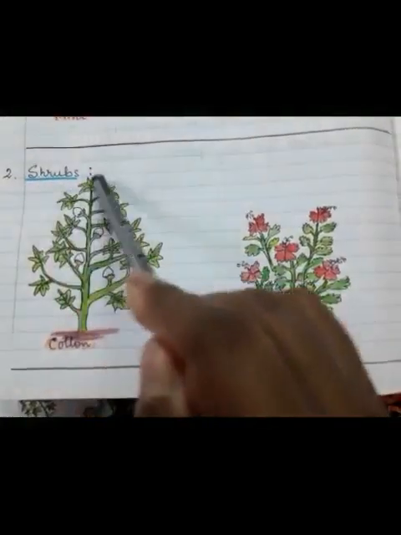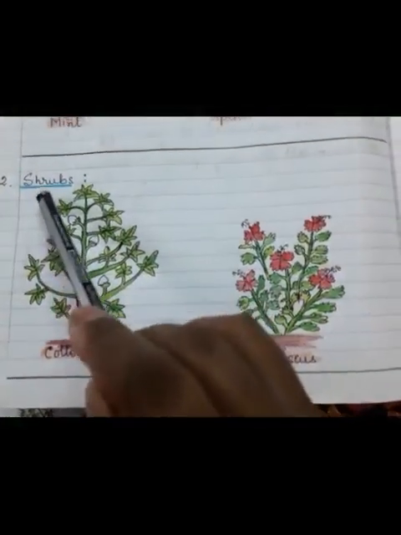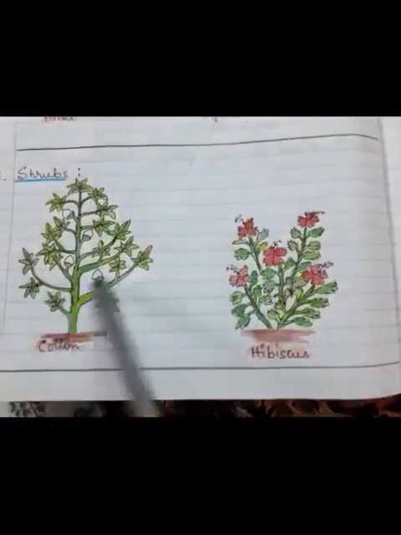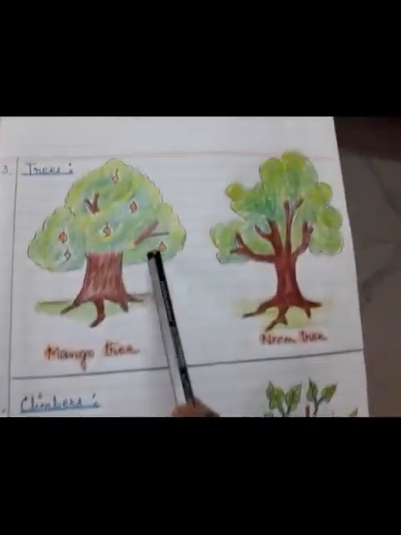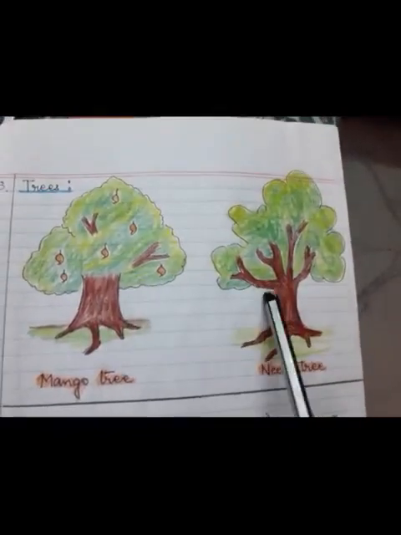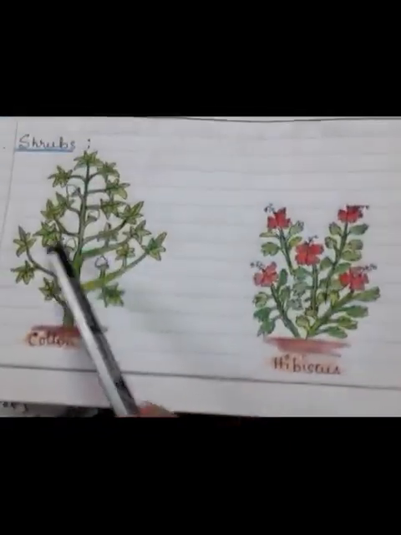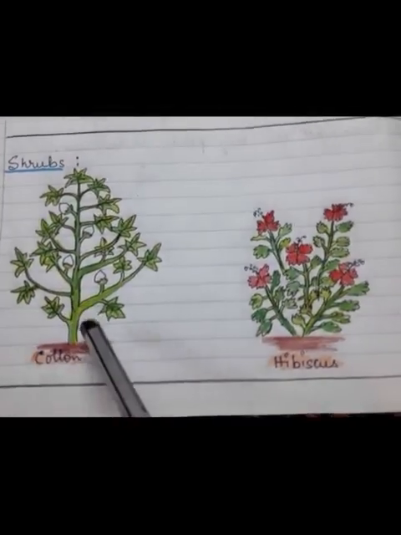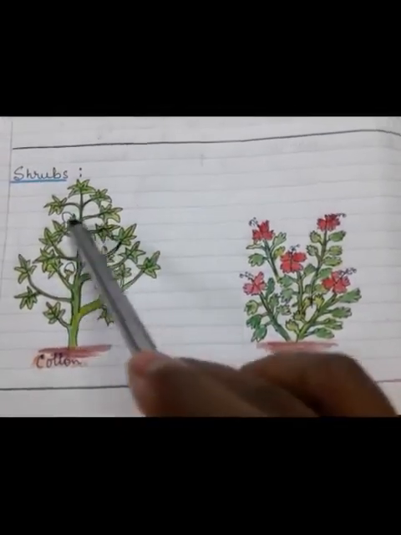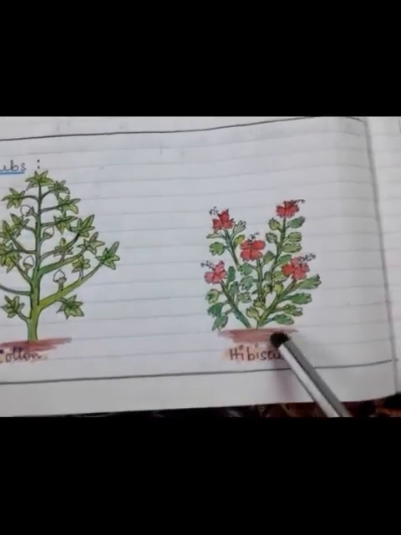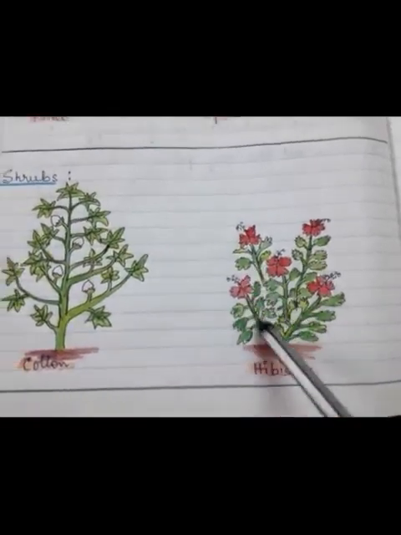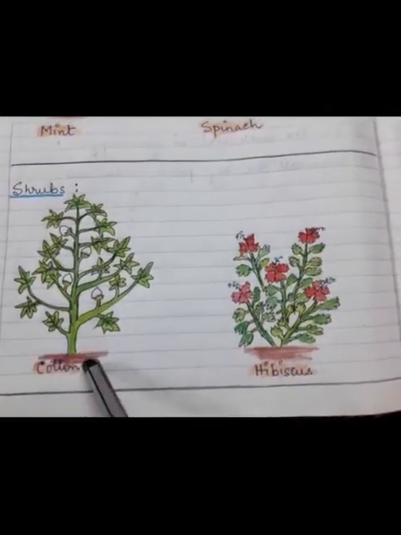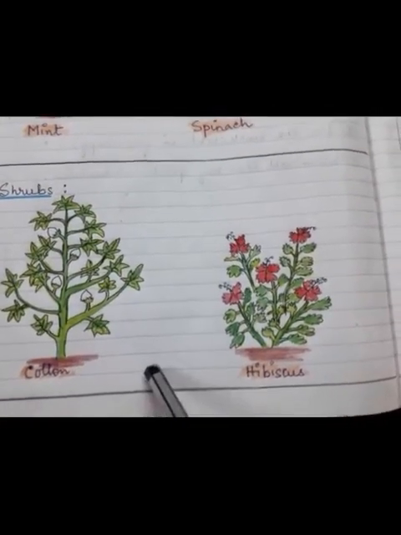Now the second type is shrubs. These plants are generally smaller than trees. Can you see trees here? So shrubs are smaller than trees. They have many thin woody stems near the ground, so they appear like a bush.